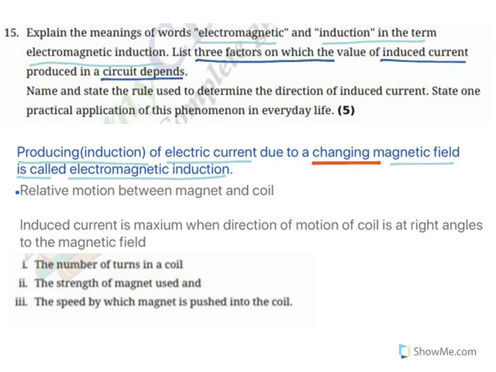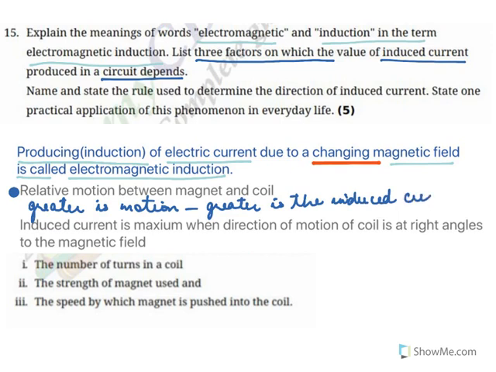Now next is, on what factors does this induced current depend? 3 factors on which the induced current depends. 1, the relative motion between the magnet and the coil. The greater the motion, the greater is the induced current.